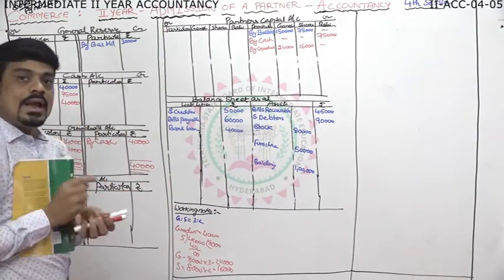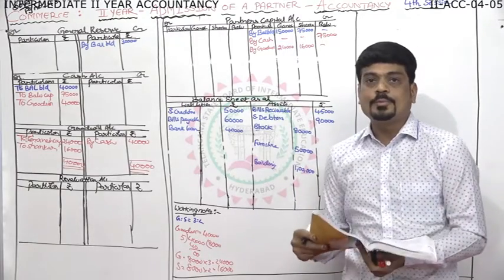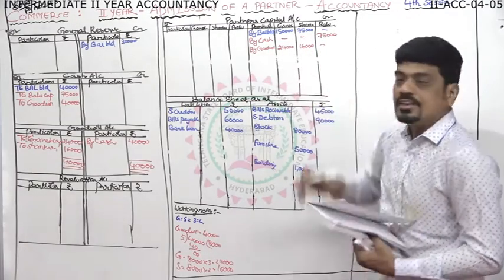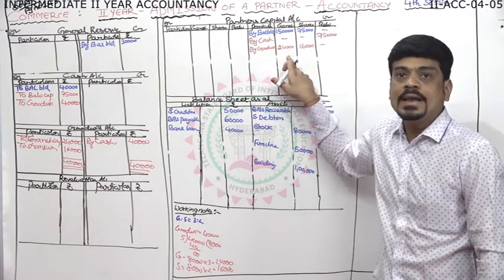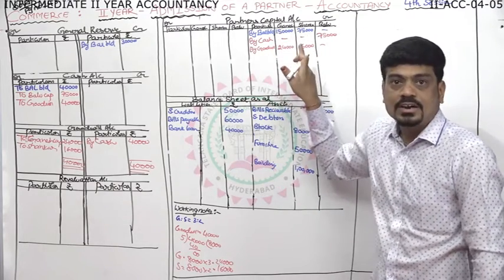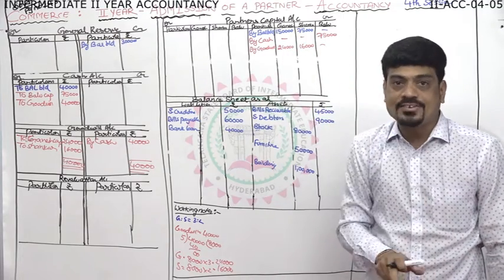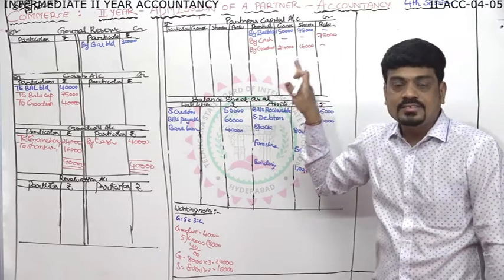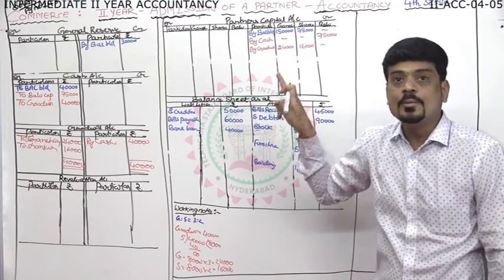Now if we look at the next adjustment, a very important adjustment, that is the theme of the problem. They say that this 24,000 and 16,000, which is goodwill, is withdrawn by Ganesh and Shankar. So how is the goodwill withdrawn? It will be withdrawn in the form of cash. So debit the receiver. Ganesh and Shankar are the receivers. They will receive their share of goodwill in the form of cash.